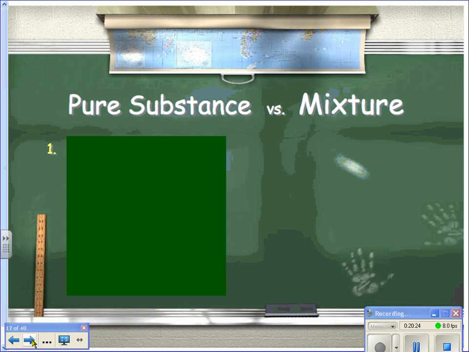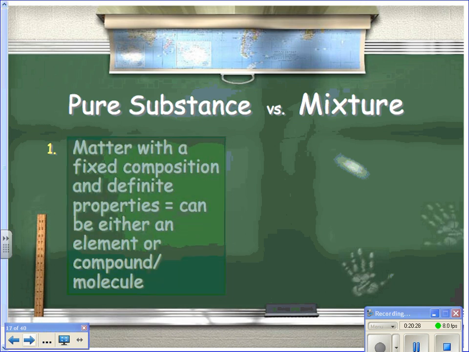Here we go. Pure substance is defined as matter with a fixed composition and definite properties. That means it can either be an element or a compound, but it has a fixed and definite composition. You can't change it or it becomes something different.